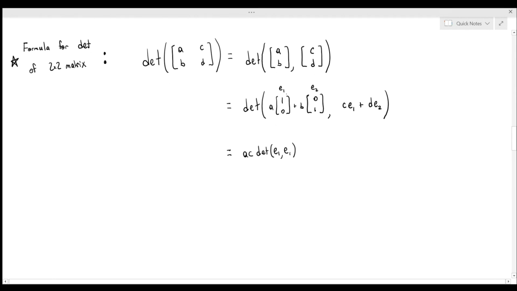Now after that, if I distribute this AE1 to the DE2 term, we'll get plus AD, and then determinant of E1 and E2. And then next, if I distribute the BE2 to the CE1, we'll get BC, and then determinant of E2, E1.